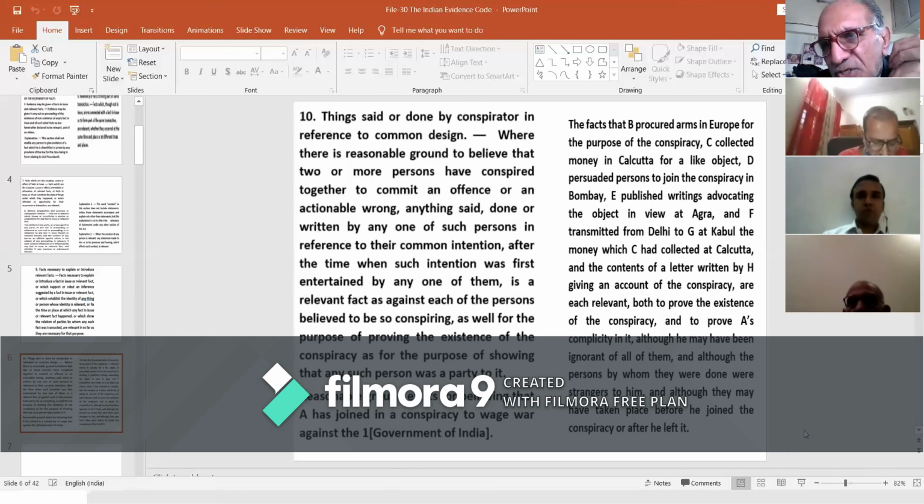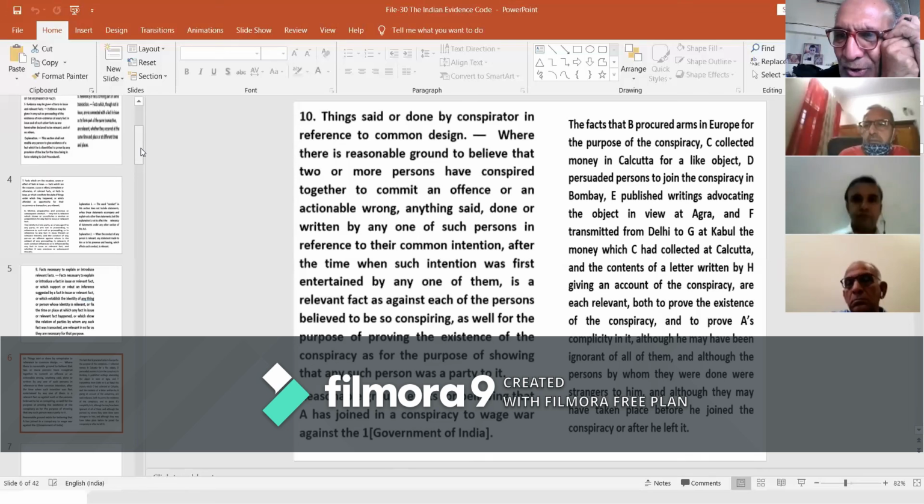Naturally, the illustrations are very helpful. In fact, when we go through the history of legislation, this Indian Evidence Act is cited as one where the illustrations, though not part of the text, are nevertheless equal in status to the text itself.